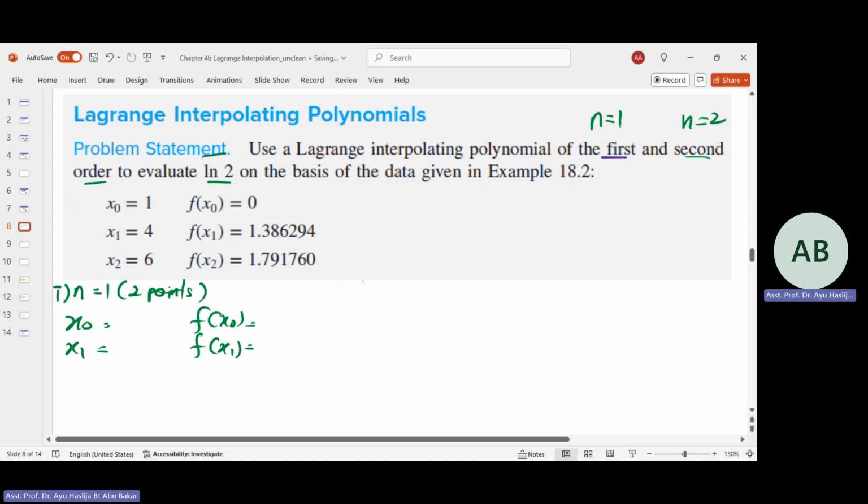Your x must be in between your data points. So let's say I choose 1, 4. x0 is 1, x1 is 4. So you have your f(x0) and f(x1) over here.